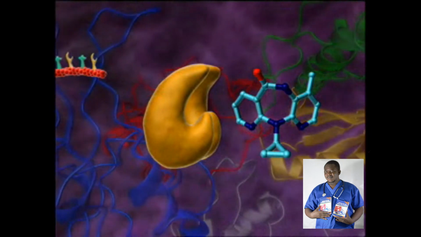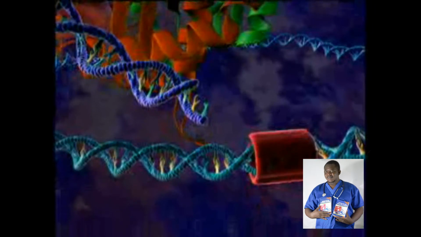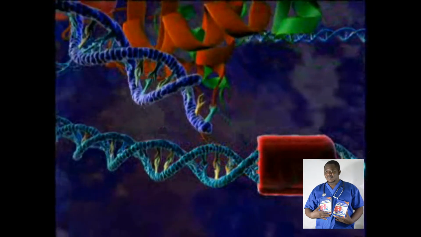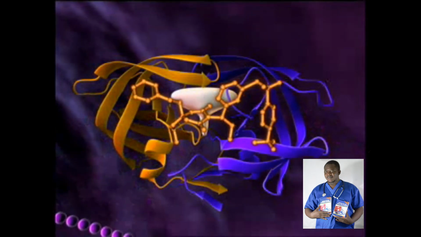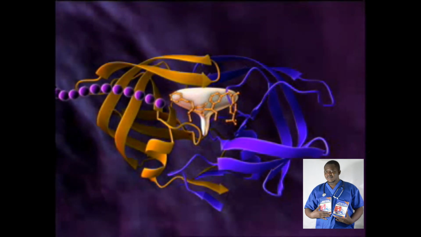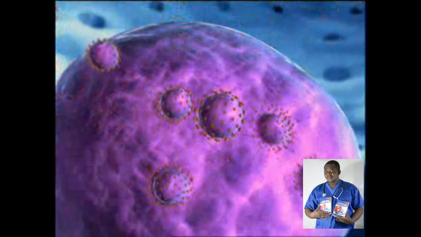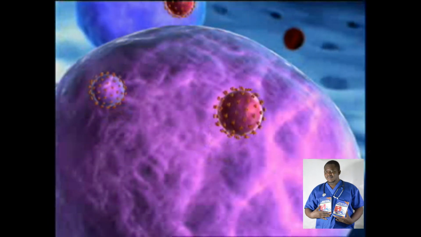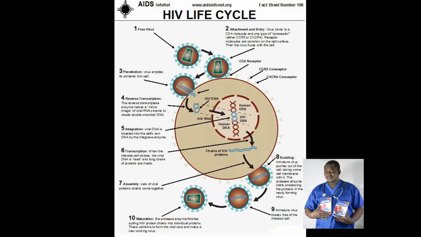When it is using the host RNA polymerase, it is going to create copies of HIV genomic material, as well as shorter strands of RNA, which we call messenger RNA. This messenger RNA is now going to be used as a blueprint to make long chains of HIV proteins.